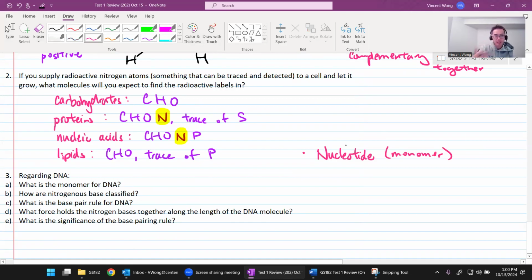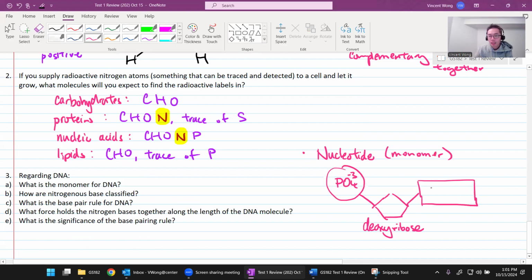Now, for DNA specifically, as opposed to DNA and RNA, the nucleotide is going to have the phosphate, PO4 3-, connected to a sugar, and this sugar is called deoxyribose sugar. It's missing an oxygen compared to RNA, and it's connected to a nitrogenous base.